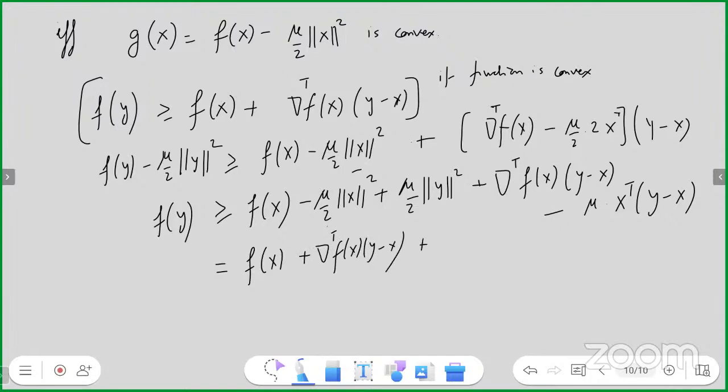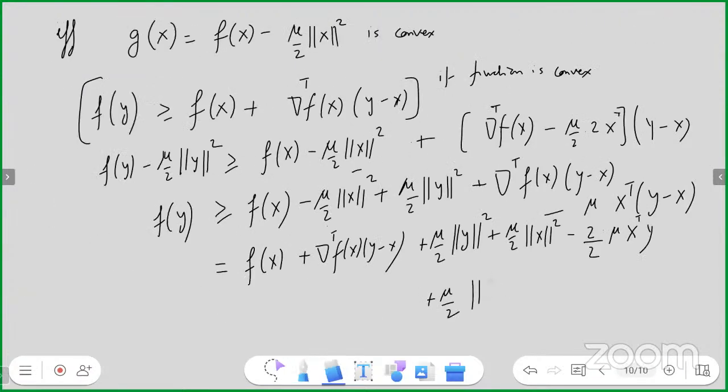I can keep this, mu by 2 y square as it is, plus mu by 2 x square, and 2 times 2 by 2 times mu x transpose, and this is nothing but plus mu by 2 mod y minus x square. That's all.